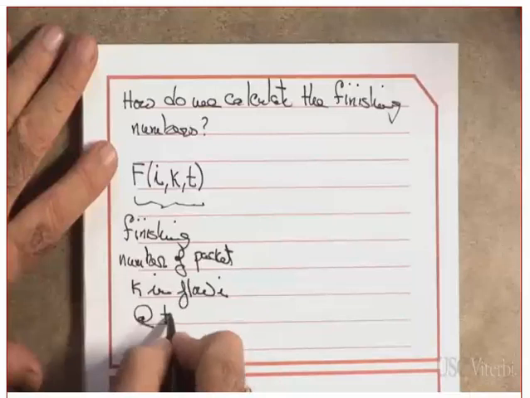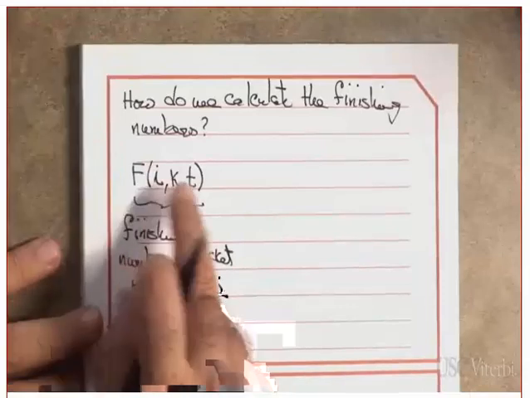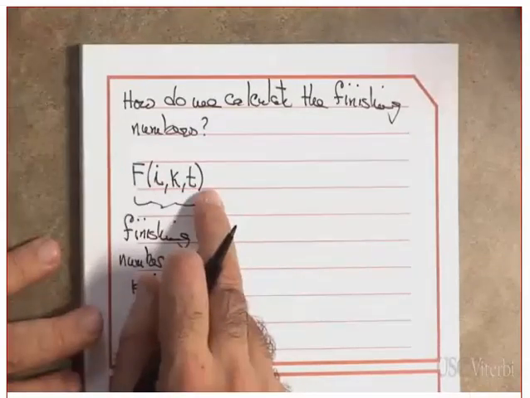Concentrate here. A packet came in GPS at time k. So this is the flow. Let's assume capacity is C. In GPS, what will the scheduler do? He will guarantee that each active flow gets a share. Let N be the number of active flows.